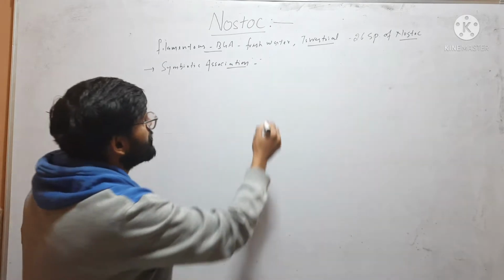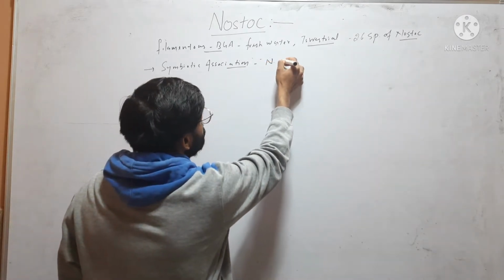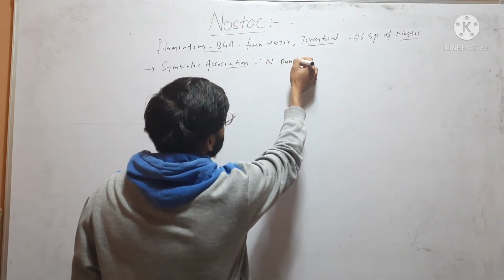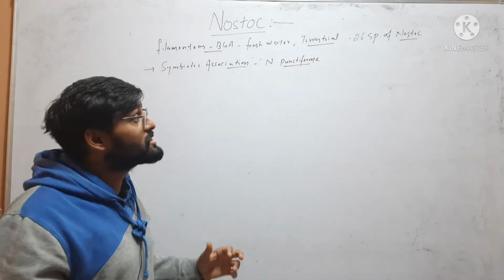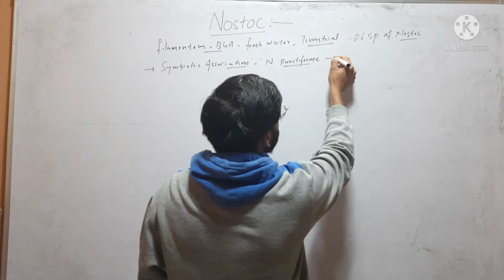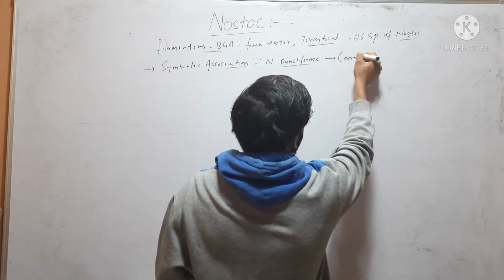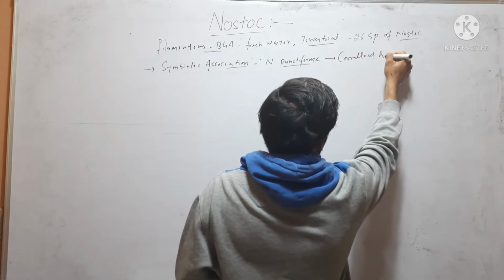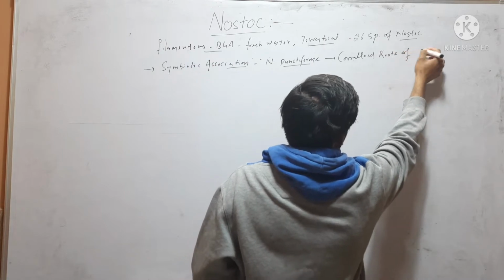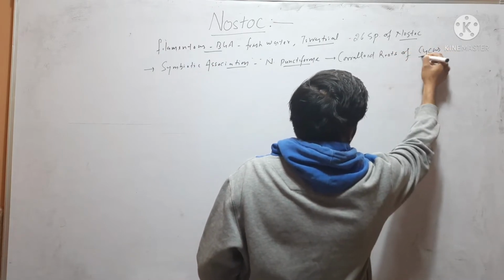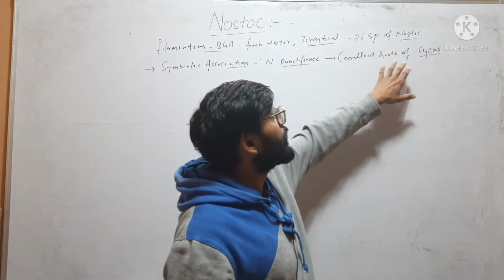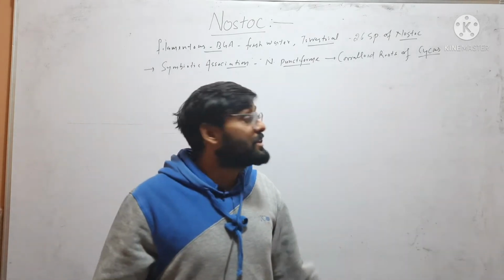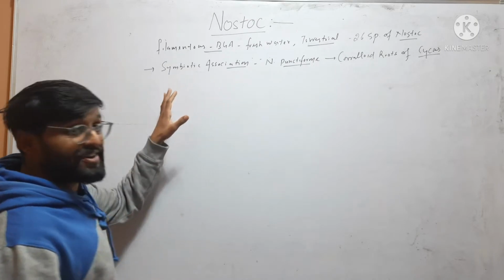For example, Nostoc punctiforme is found in symbiotic association with coralloid roots of Cycas. Cycas is a gymnosperm. So it is found in coralloid root of Cycas, and their association is symbiotic association.